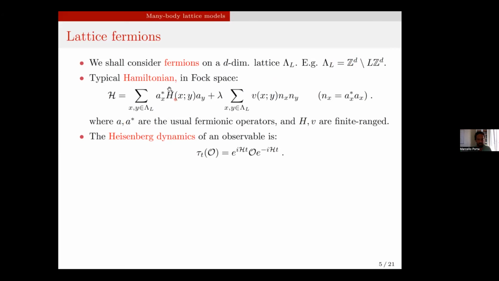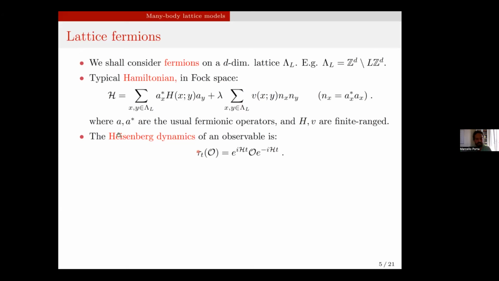There is a first term that is the second quantization of a single particle Hamiltonian H, and the second term is the second quantization of a density-density interaction described by this potential V. Here a and a-star are the usual fermionic creation and annihilation operators. What I will assume for the moment is only that these operators H and V are finite ranged, and then later I will specify a concrete model.